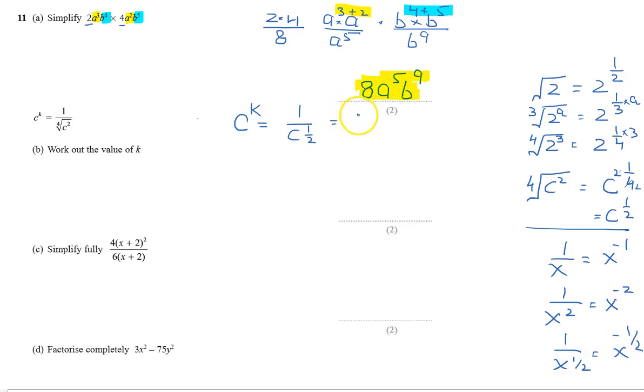So this will be c to the power minus half. So c to the power k is equal to c to the power minus half. If we compare the power, k is equal to minus half. So k will be minus 1 over 2.